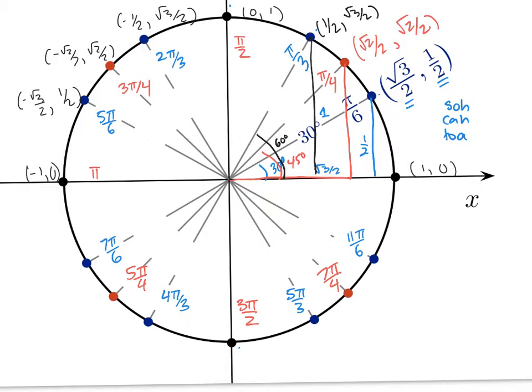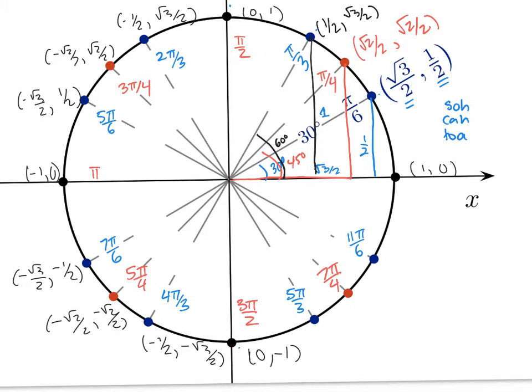What would the coordinates be at 7 pi 6? Exactly. And this one's negative root 2 over 2, negative root 2 over 2, negative a half, negative root 3 over 2, right? That one is 0, negative 1.